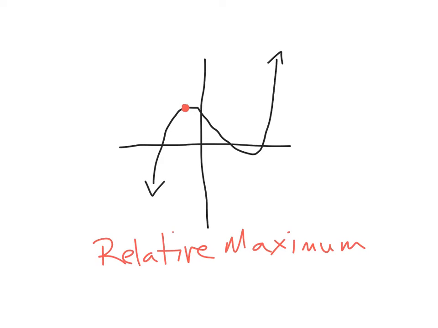It's a relative maximum because relative to the points around it, it is a maximum value. Does that make sense? It's not an actual maximum, but it is a maximum in relationship to the points that are in its immediate vicinity. And then, of course, on the other side, down over here, we have a relative minimum.